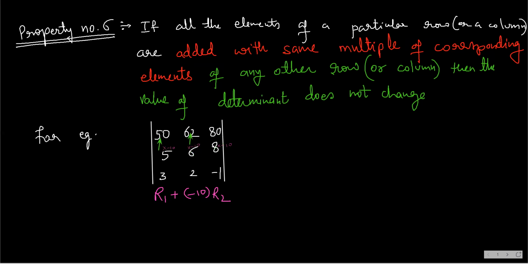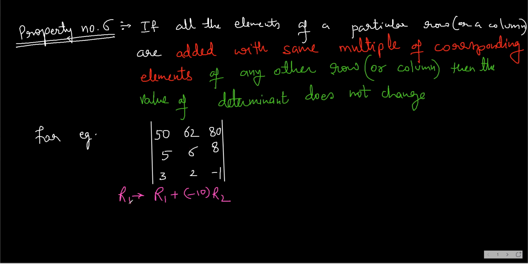So you can check what will happen now. In the next step, I will get it. And my dear students, when you do this, don't you think the elements of R1 will change? Yes, that is why you write here R1 changes to R1 plus minus 10 R2.